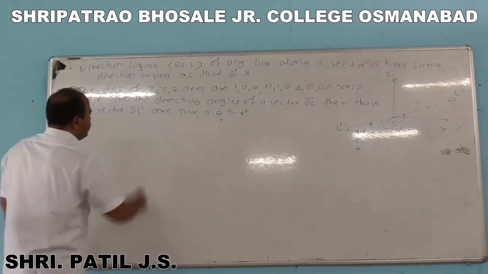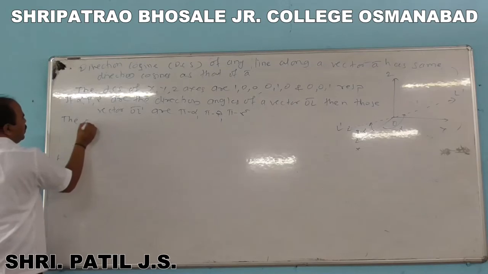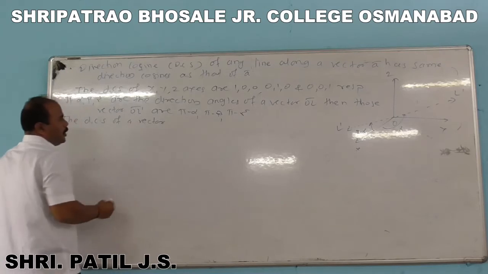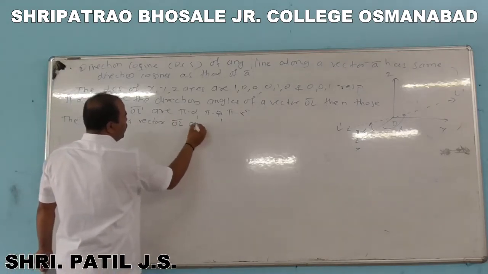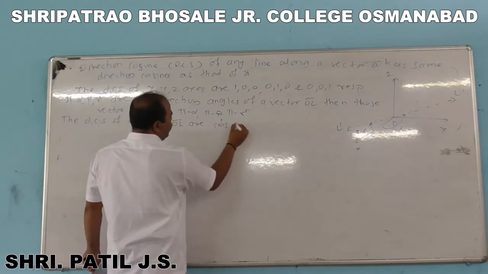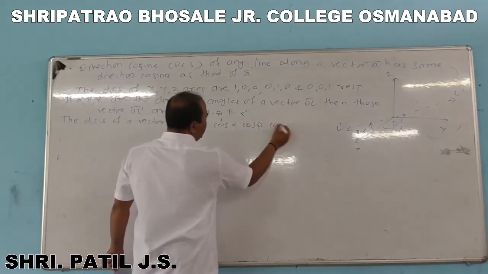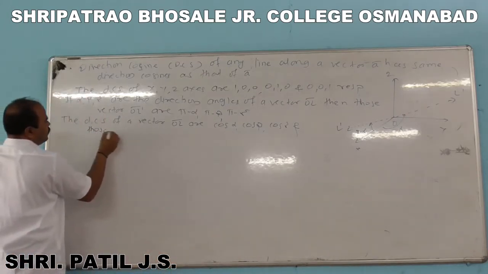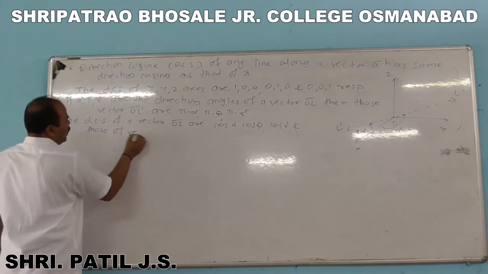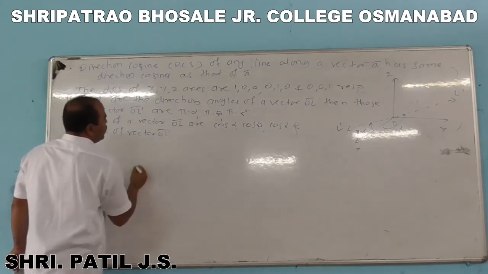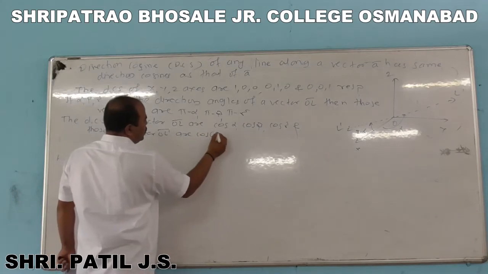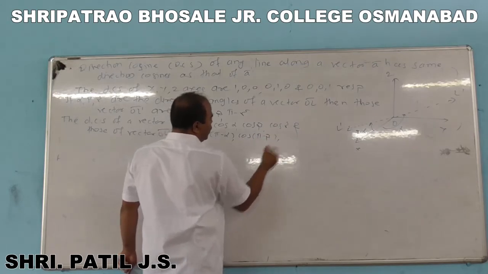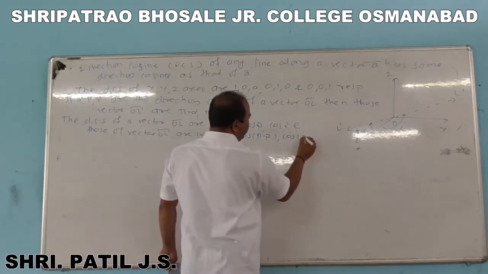That means the direction cosines of vector OL are cos alpha, cos beta, cos gamma, and those of vector OL dash are cos of pi minus alpha, cos of pi minus beta, and cos of pi minus gamma.